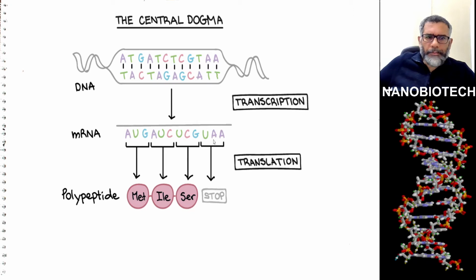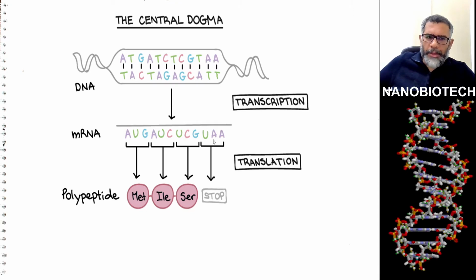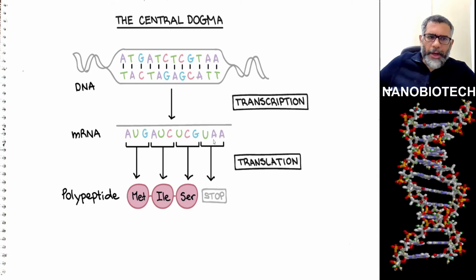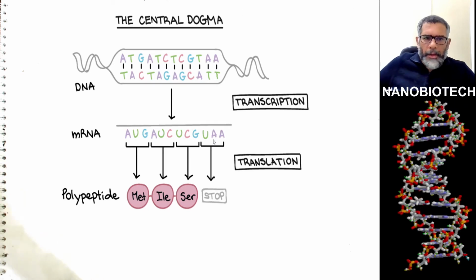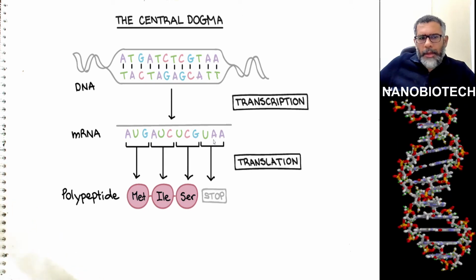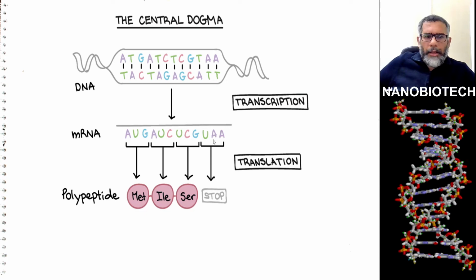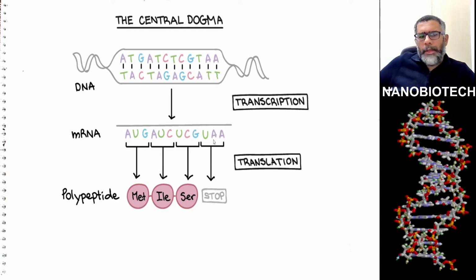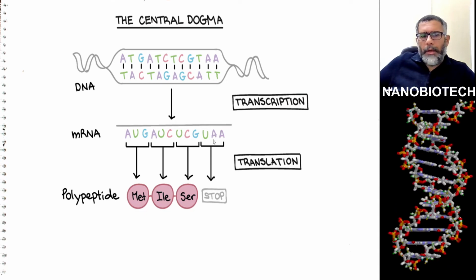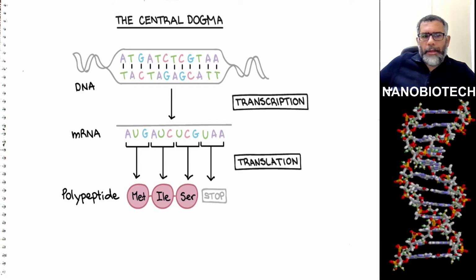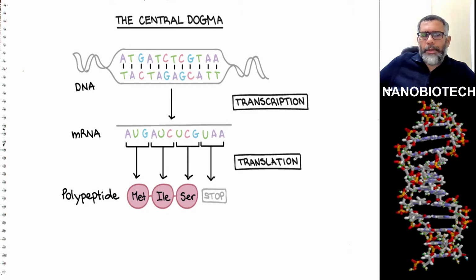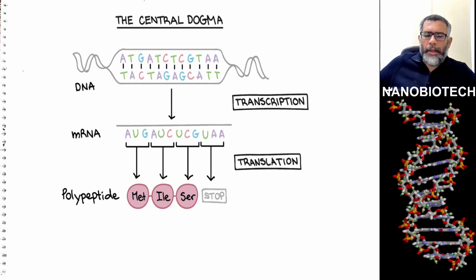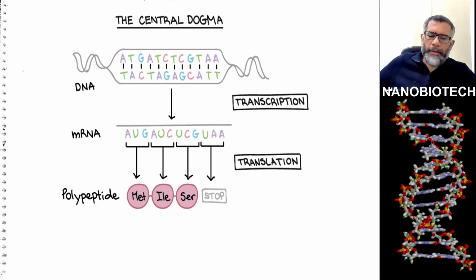This step is called transcription because it involves rewriting, or transcribing, the DNA sequence in a similar RNA alphabet. In eukaryotes, the RNA molecule must undergo processing to become a mature messenger RNA, or mRNA.